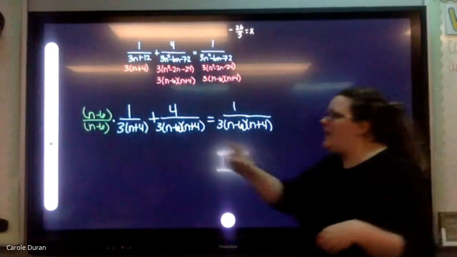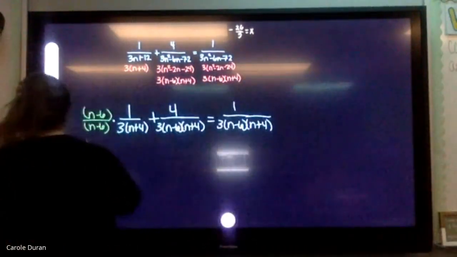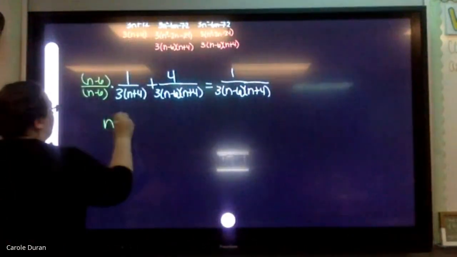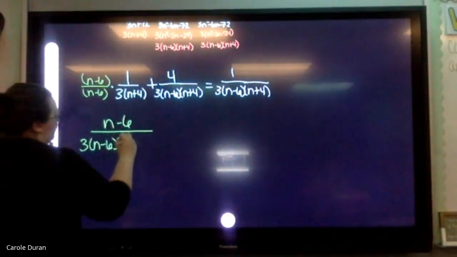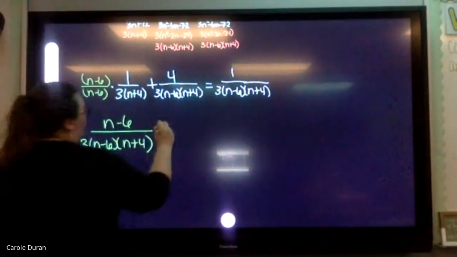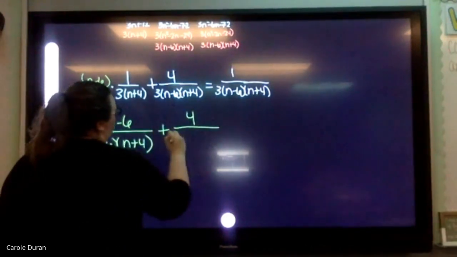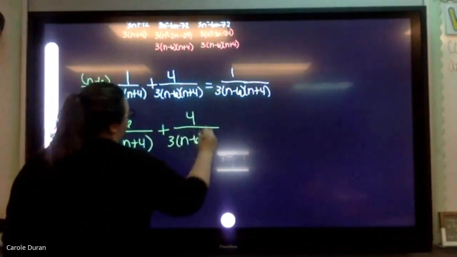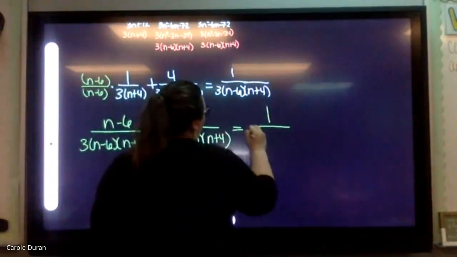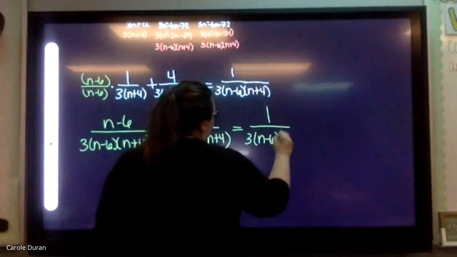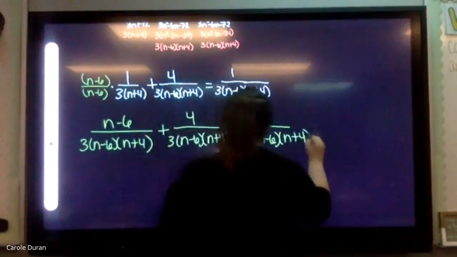So when I multiply n minus 6 into the 1, I am left with n minus 6 over 3 times n minus 6 times n plus 4, plus 4 over 3 times n minus 6 times n plus 4, equals 1 over 3 times n minus 6 times n plus 4.